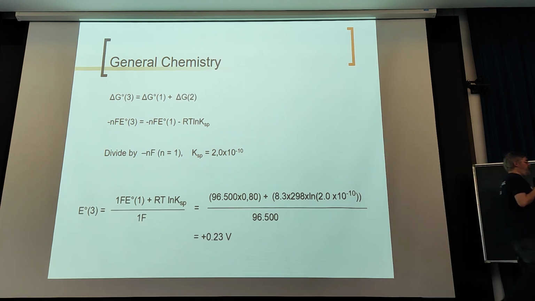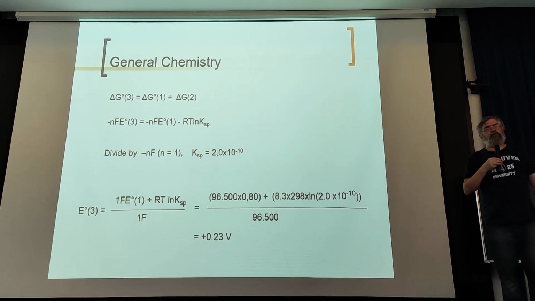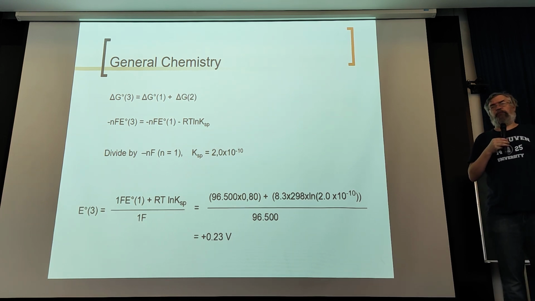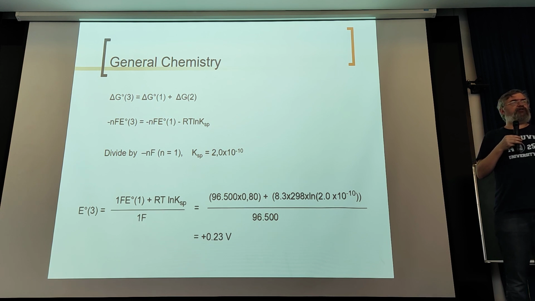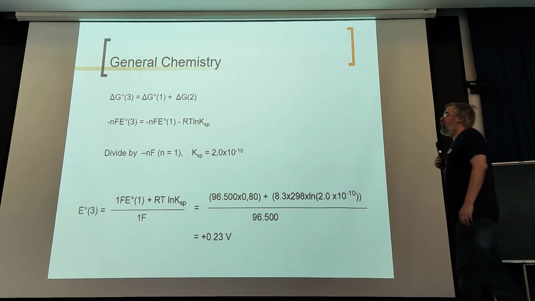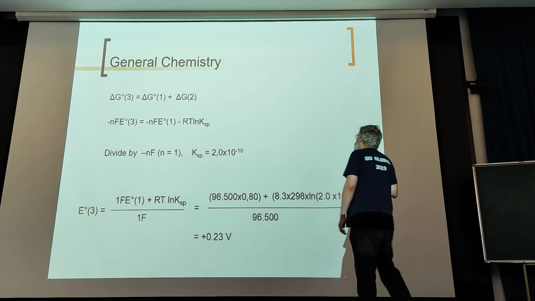Now the free energy of this second reaction, which is a precipitation reaction, we cannot write with a potential because it's not a redox chemistry, but we can write it as minus RT ln KSP. So we know these KSPs from the table, so we can actually fill it in.